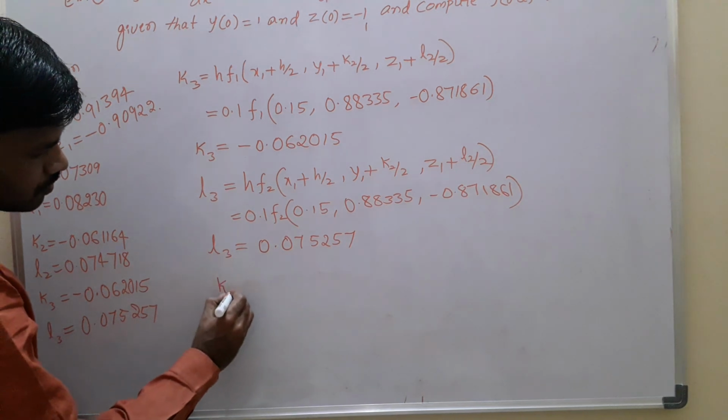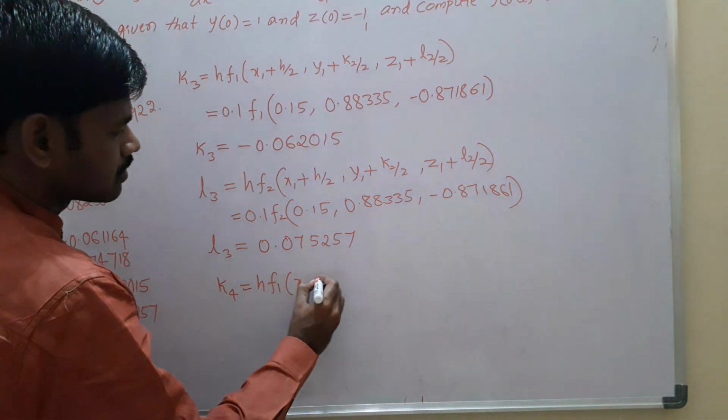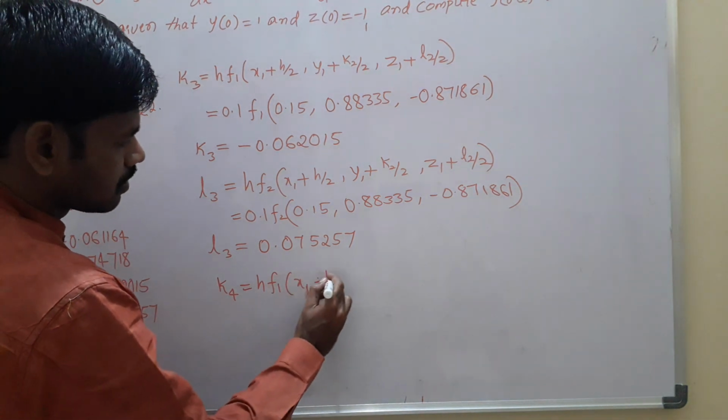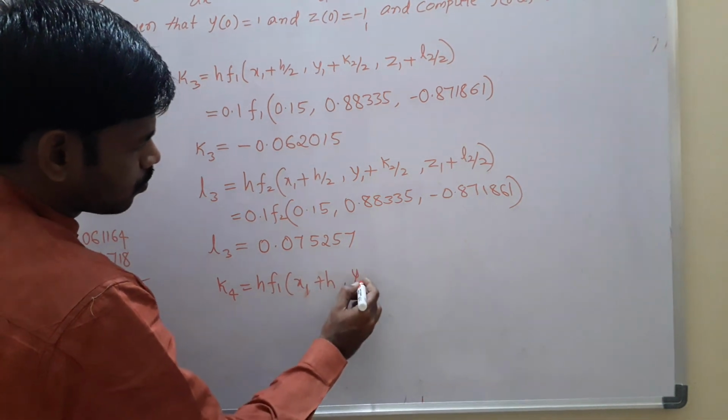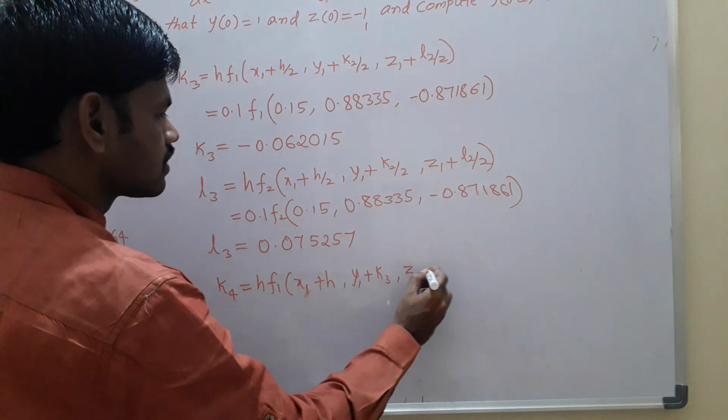And finally k4, that is h into f1 of x0 plus x1 plus h, y1 plus k3, z1 plus L3.